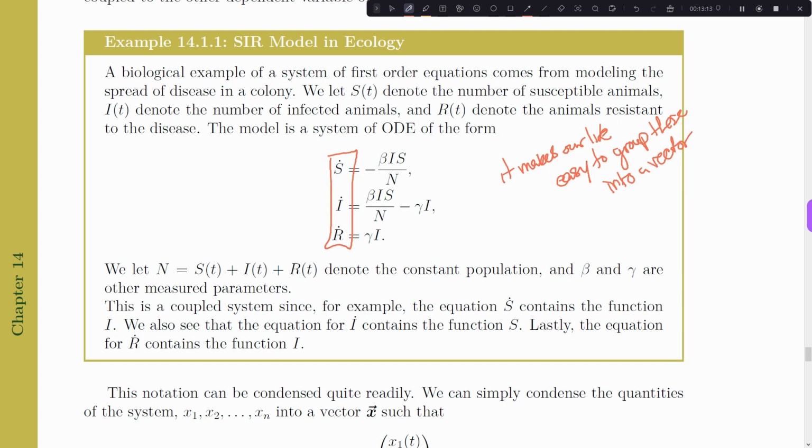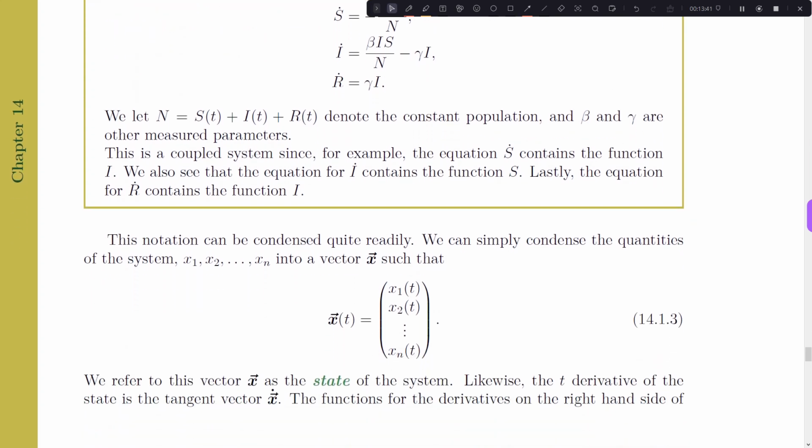The reason being, we can either think about these as three separate equations, which have an influence over one another, or we can think about it as a single equation, which is just evolving in three-dimensional space. And that makes our life easier because we have all of the tools of Calculus 3, or this past section of the book, at our disposal when we think about these as vectors. When we think about them as three independent entities, we don't gain those nice tools that we were just working on. So that's what the book is describing here.